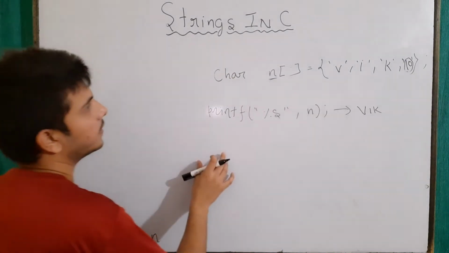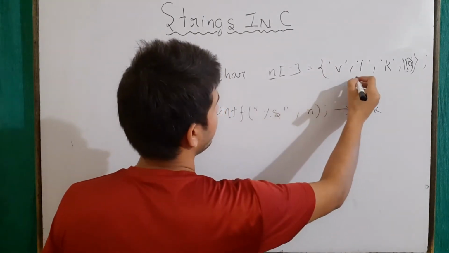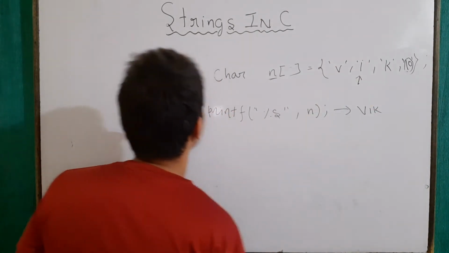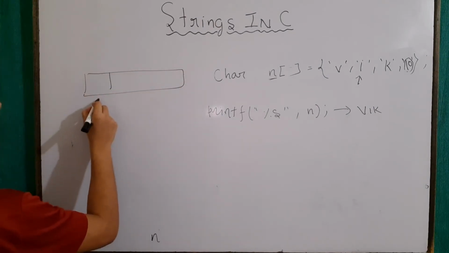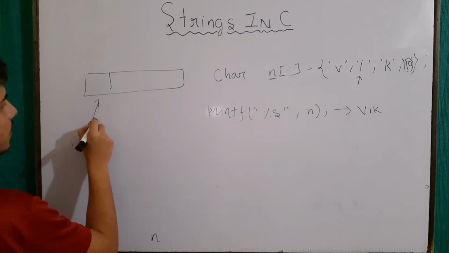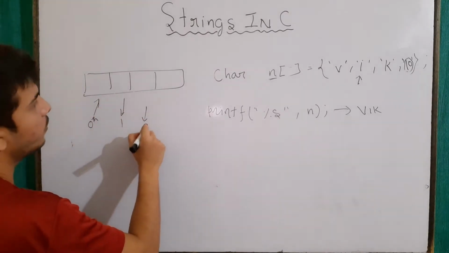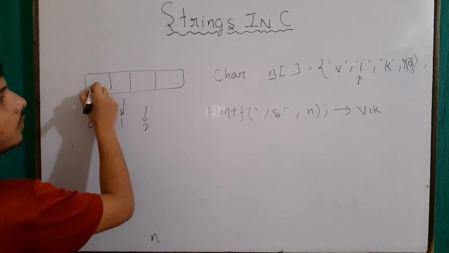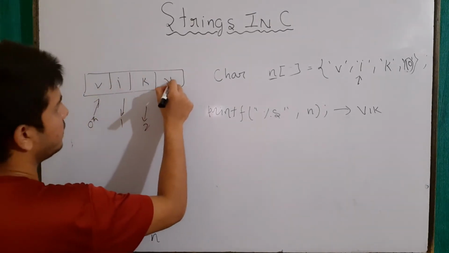Now another thing is, what about accessing any particular element? Let's say I want to print I. In an array we already know that the first element has index 0, the second has index 1, then 2, and so on. So here the first element was V, then I, then K, and then \0.